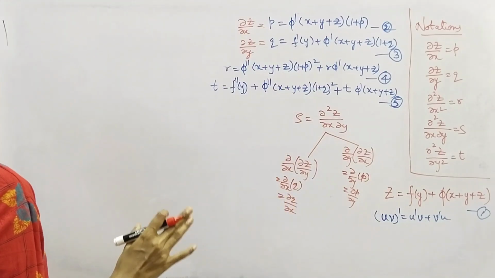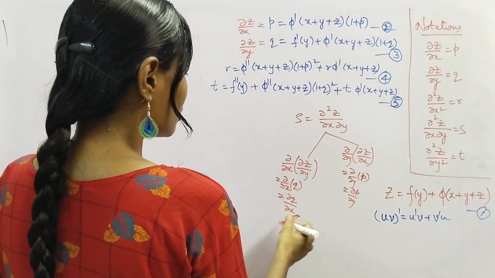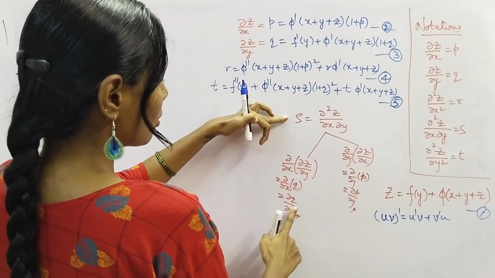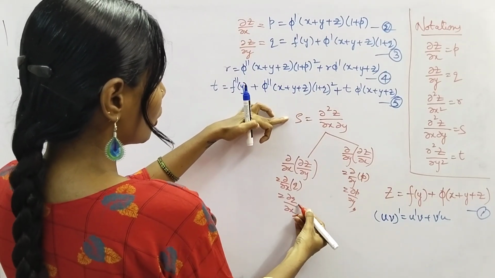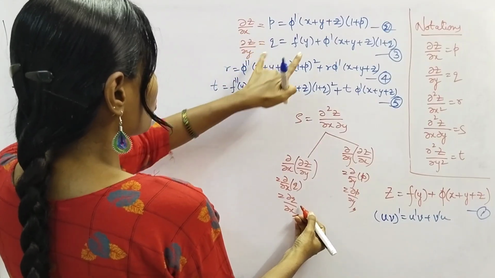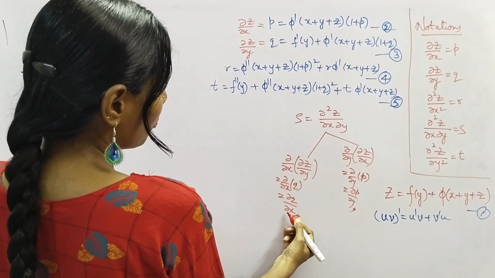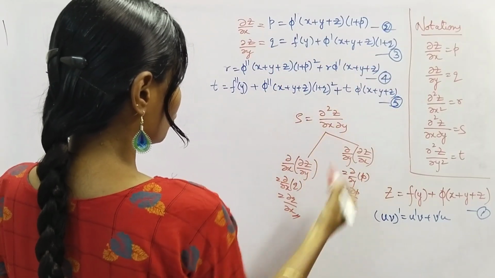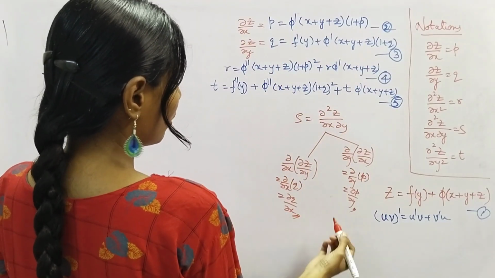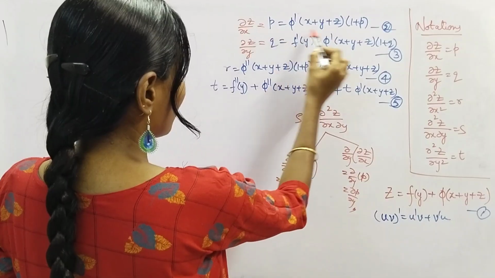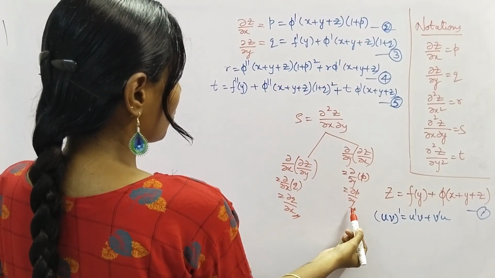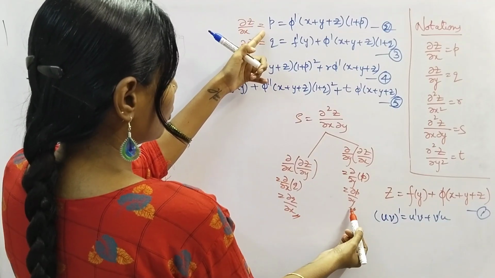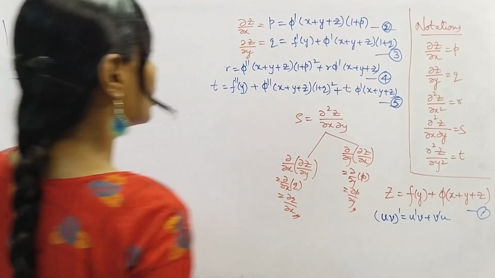So in order to find an equation involving s, you can consider this or this. If you want to find an equation involving s with the help of the equation involving q, we can just partially differentiate that equation with respect to x, or we can pick equation p, and by partially differentiating equation 2 with respect to y we get an equation involving s.